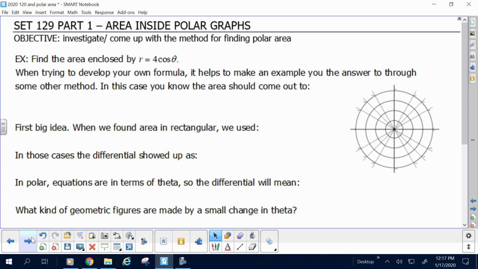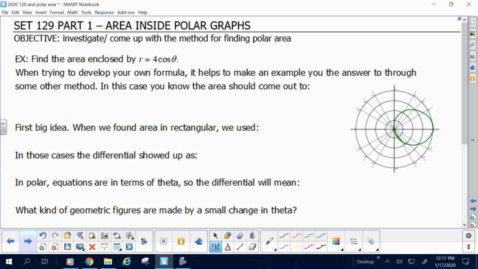Now, when you go to discover math on your own, you're going to play around with it, but it's always nice to have some kind of problem you know the answer to, so you know if your method is right. I'm using r equals 4 cosine theta because I know the area should be the area of a circle.